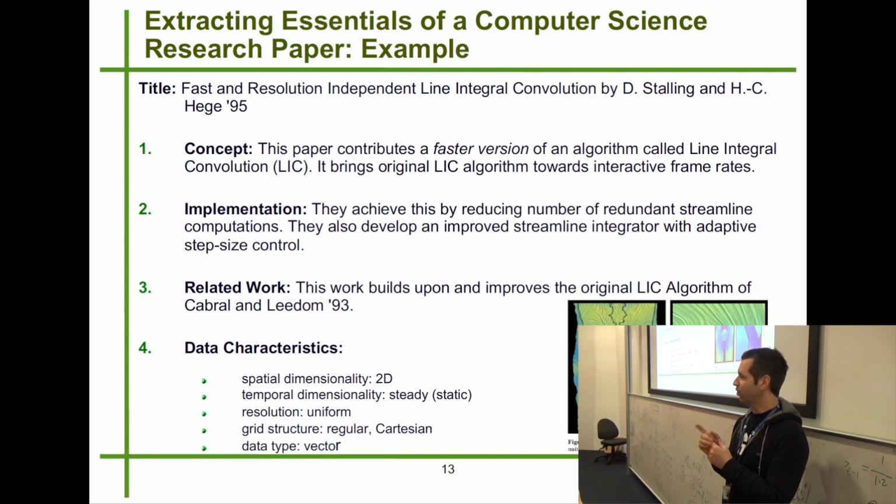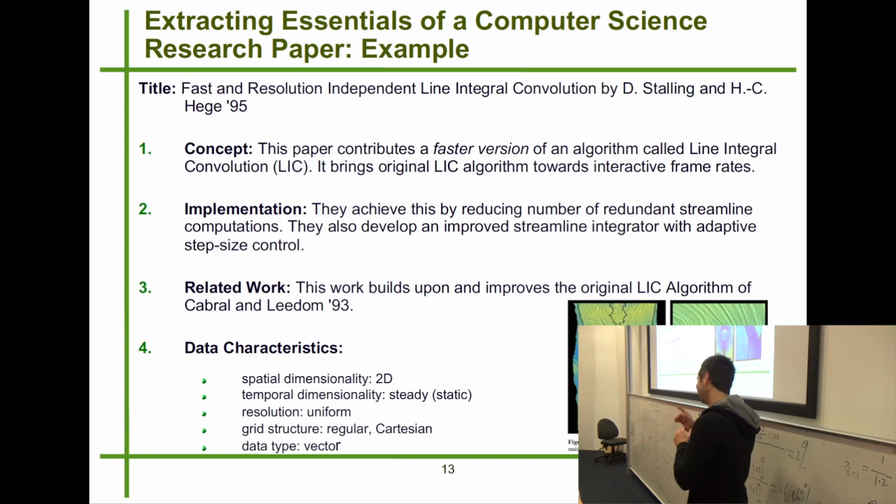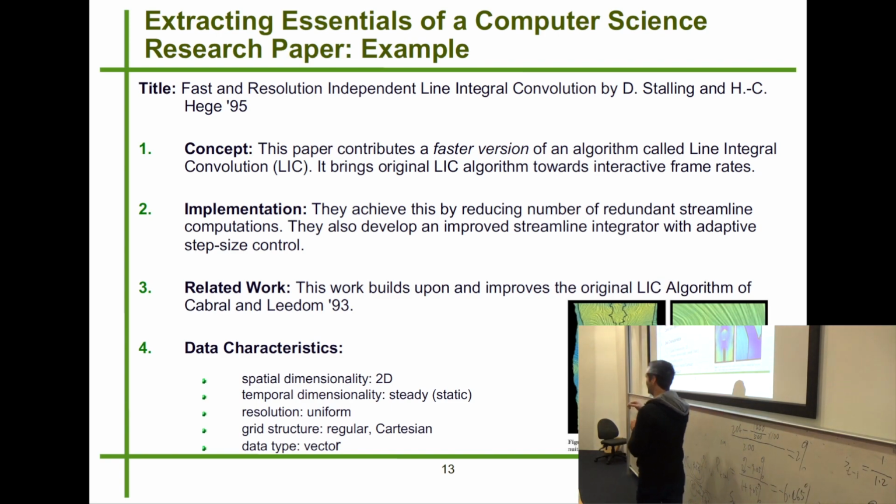There'll be a method section, if it's a well-written paper, and clearly organized. Not all papers are well-written, by the way. But if it's a good one, there will be a method section, and at the beginning of that section will be a summary of the method, a 1-paragraph summary of the implementation.